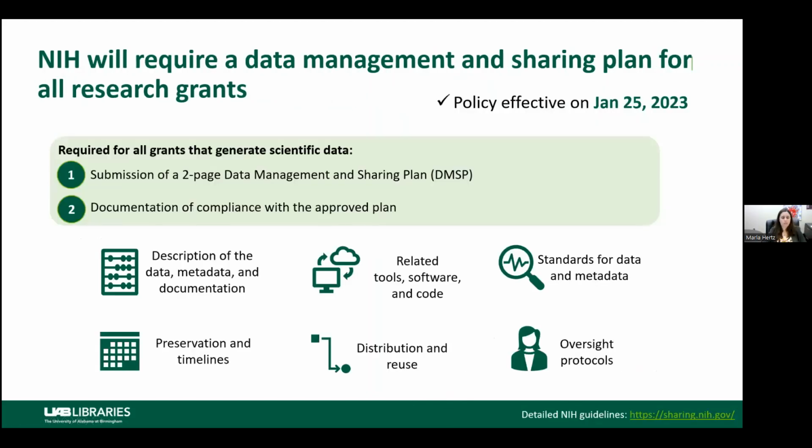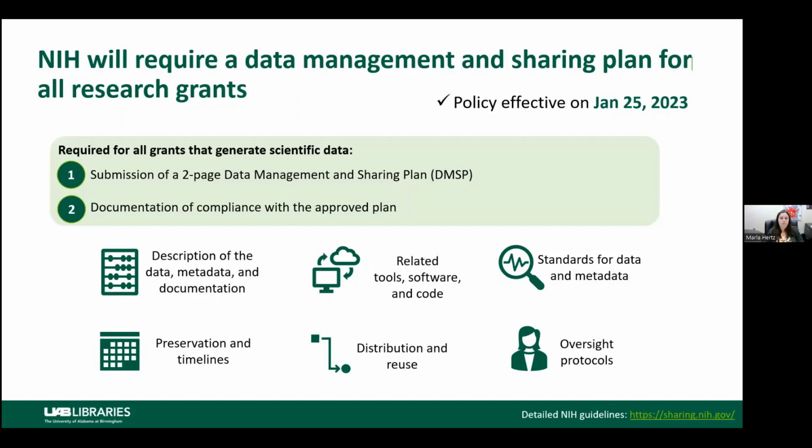And this is so important right now because starting in really the next grant cycle, NIH is requiring a data management and sharing plan for all research grants that are dealing with data. So they really have two main points. One is that there's a submission of a 2-page plan, and two, that in your annual RPPRs you'll document compliance with the approved plan.